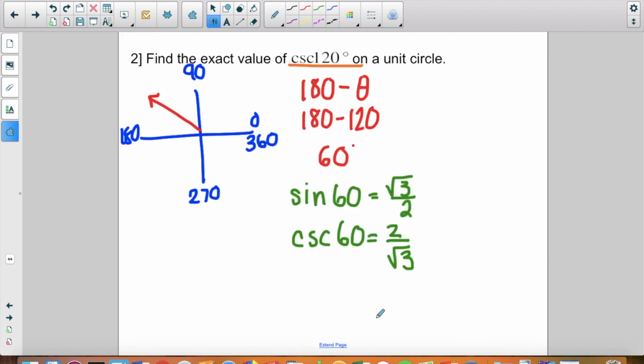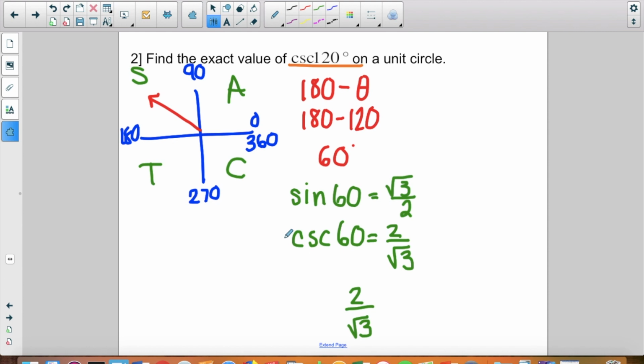So in this one, again, if we use "All Students Talk Constantly," this ends in the second quadrant where sine and cosecant are both positive. So our answer here would be 2 over radical 3.